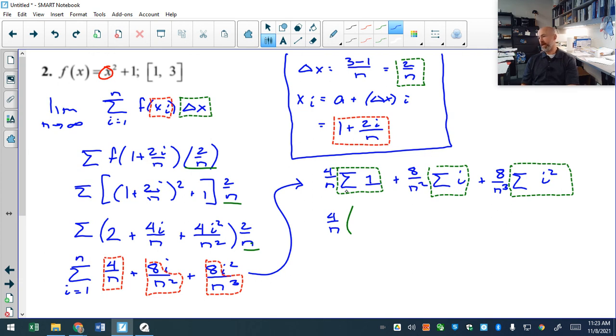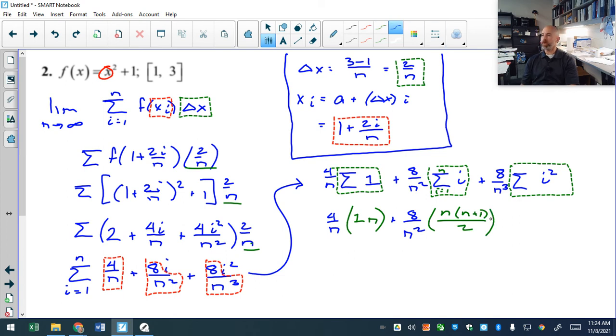So that's one. And so now the sum of the first n constants would just be n, 1 times n, plus 8 over n squared. And the sum of i as i goes from 1 to n, using those formulas on the top there, is n plus 1 over 2.